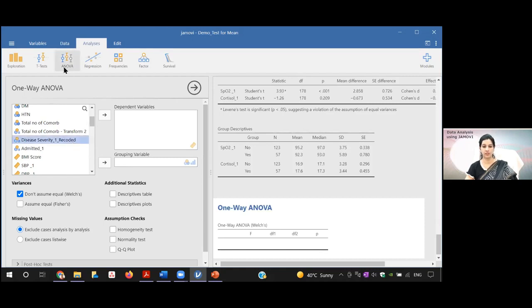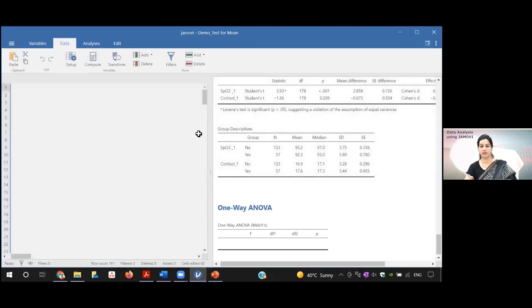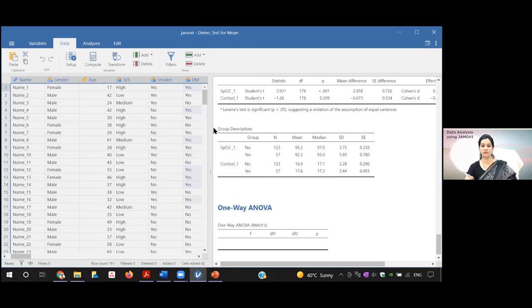Let me go and check the data, which is the variable here. So I'll go to the data. I think I have forgotten the levels which I recoded.